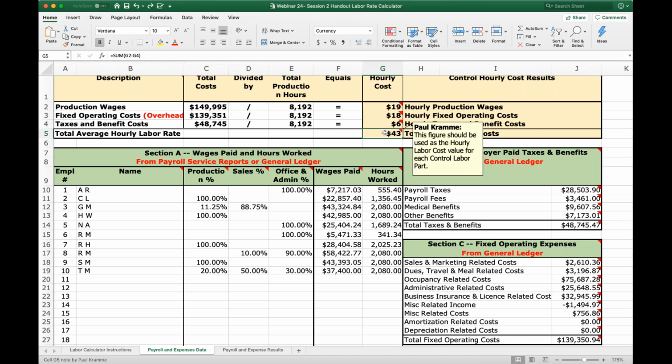I have found from working with 30 or 40 clients that, without exception, they have elected to use this average value as the cost for all labor parts. Every labor part has that same average cost.